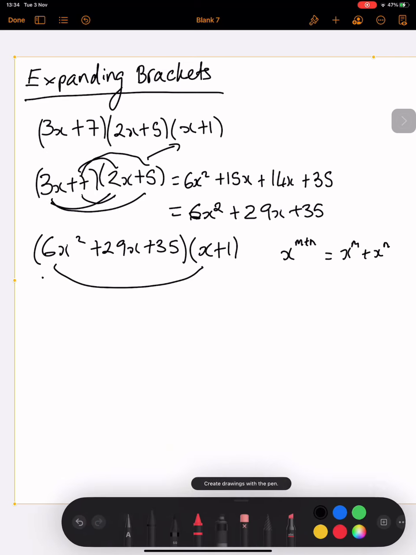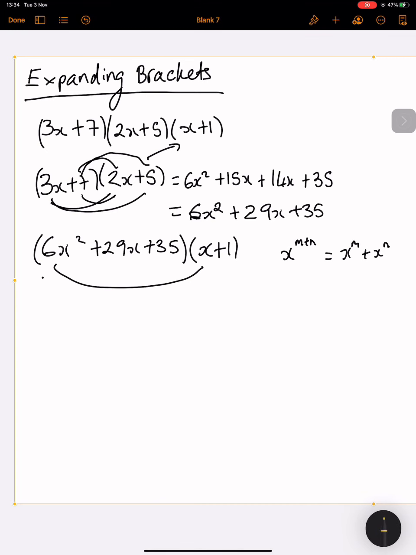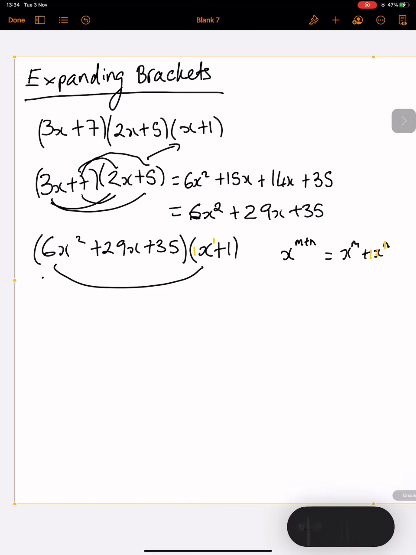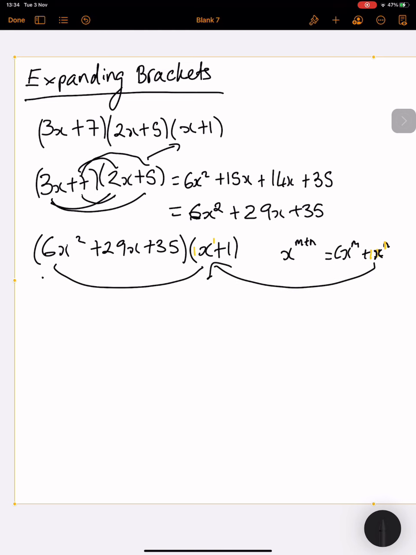There's technically a 1 here and a 1 there. So think about it like that. That would be that 1 in the equation, and that would have 6 in front, and that would be the 2.